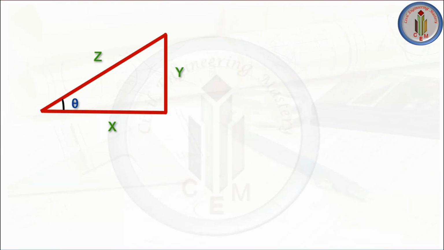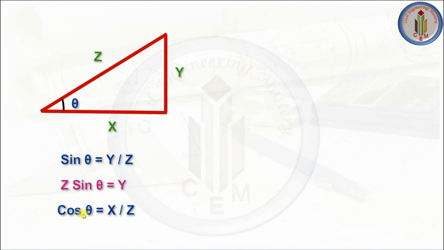Here we have to remember the basic trigonometry. Consider this triangle, where the angle is theta and the sides are x, y and z. Sine theta is y by z, so if we want the value of y, it becomes z sine theta. Vertical force means sine theta will come.